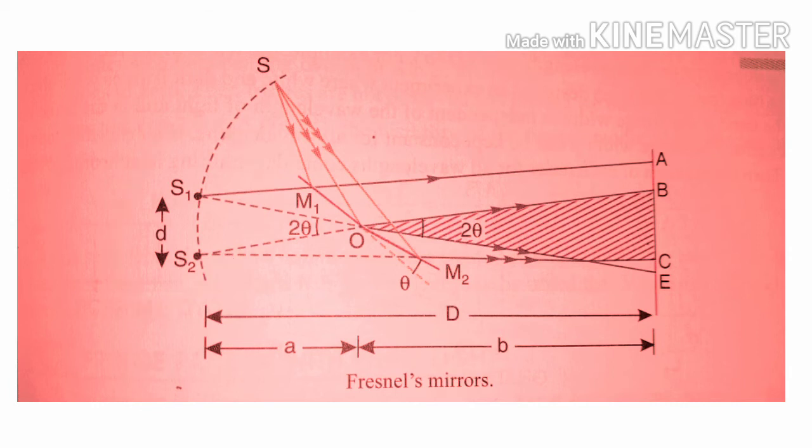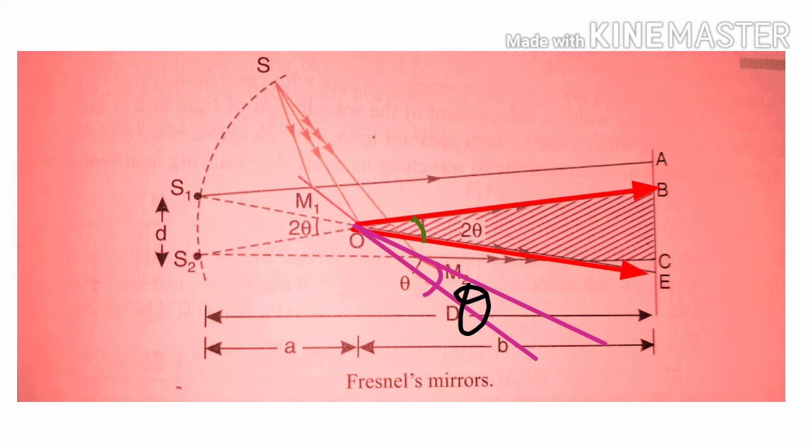So to find d, corresponding to the incident ray SO, OE and OB are the reflected rays from OM1 and OM2. Therefore, the angle between OE and OB is twice the angle between the mirrors.